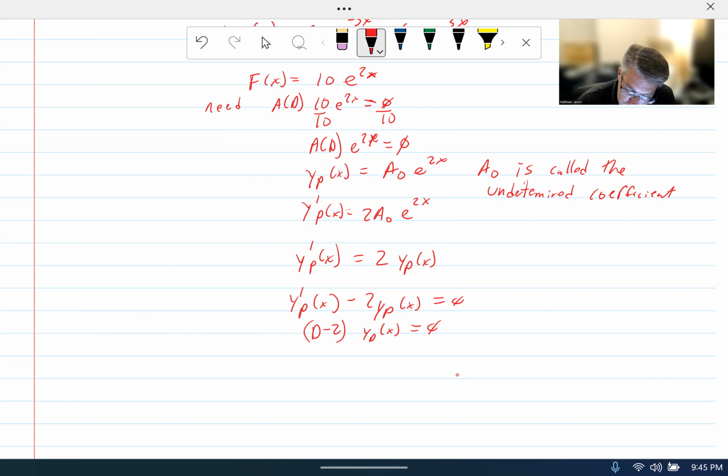So I get A(D) times yp of x is equal to 0. So instead of a P(D), we're using an A(D) for the annihilator.